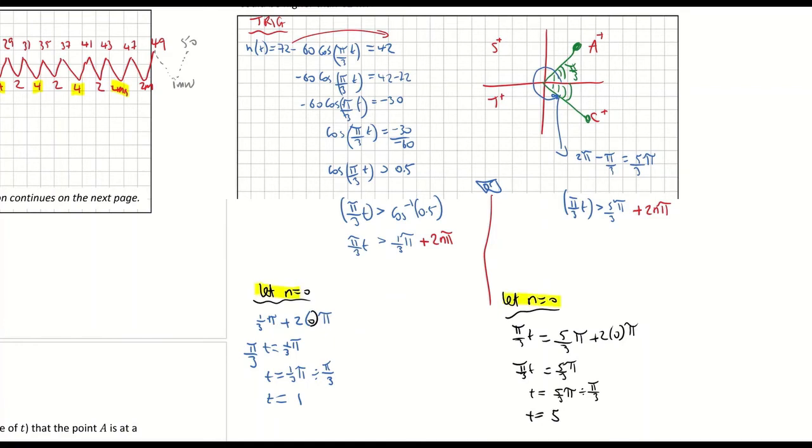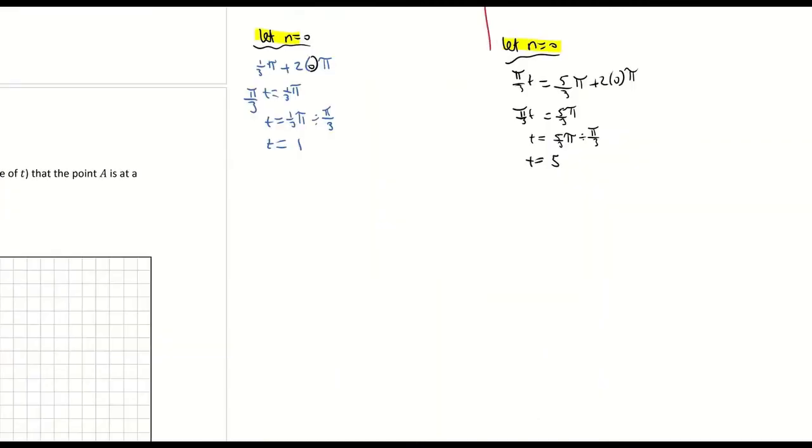That's n is equal to 0. I just need to continue that until my highest value for t is up to the 50-minute mark. So I'm just going to write down a few more solutions here. Let n is equal to 1.